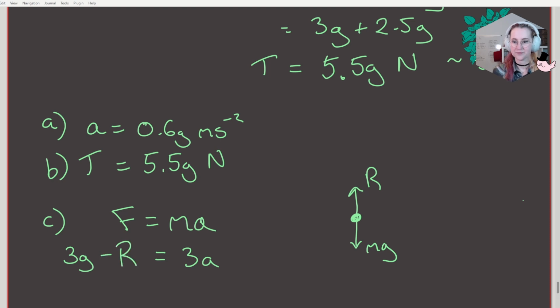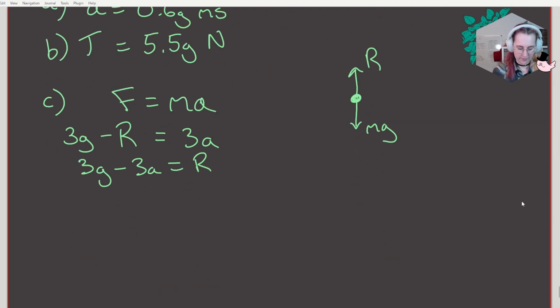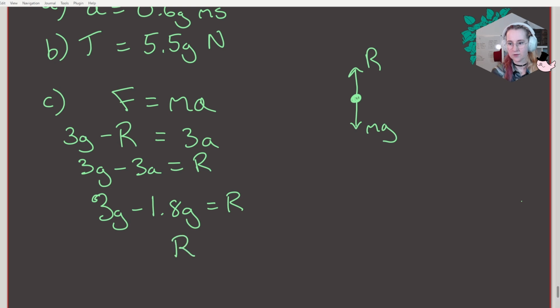So minus R. So this gives us that 3g minus 3a is R. So 3g minus 1.8g is R. So the reaction force felt on B from C is 1.2g newtons.